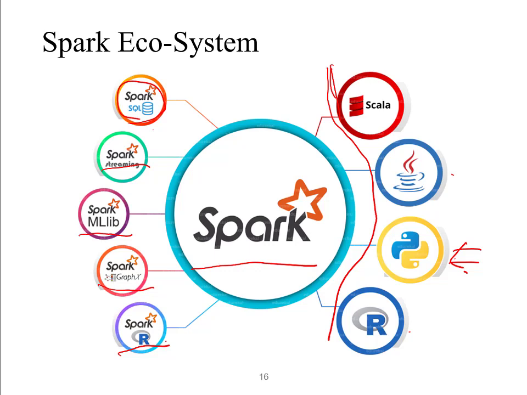It also supports operations like selection, filtering, and aggregation on large data sets. So that's the core part of the Spark ecosystem. In this course, we will mainly focus on Spark MLlib and Spark core using PySpark. But we will also introduce Spark SQL, Spark GraphX, and Spark Streaming.